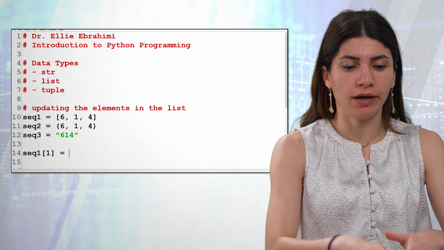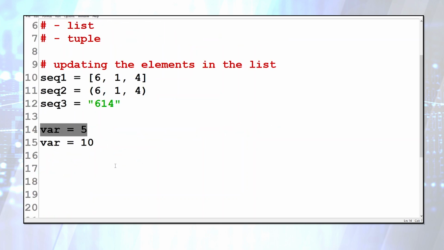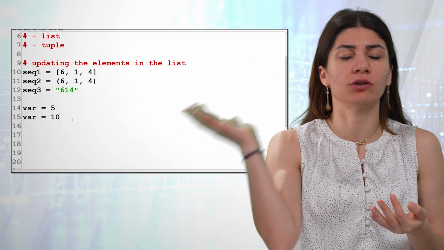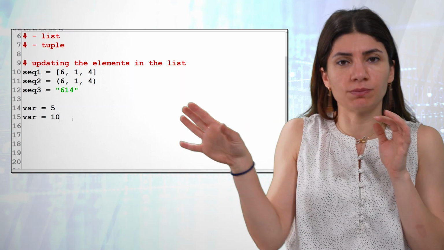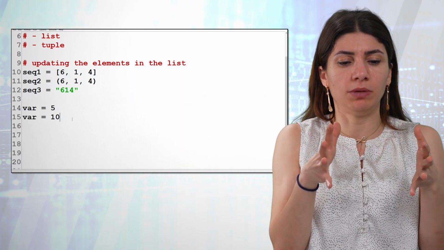Let's try something else. I have this variable that has a value of 5, and then in the next line, I'm going to reassign it to something else. I'm going to put 10 in it. So in line 14, the variable is 5, and then in line 15, you change it to 10. It's the same concept. You're reassigning it, you're saying, okay, delete this value and put something else inside that box for me.